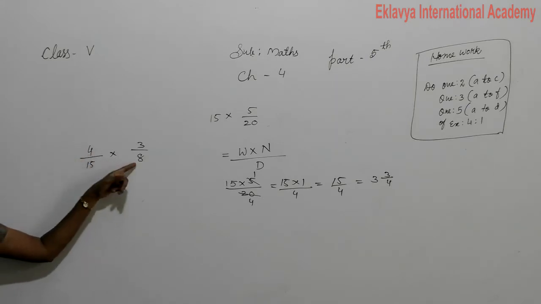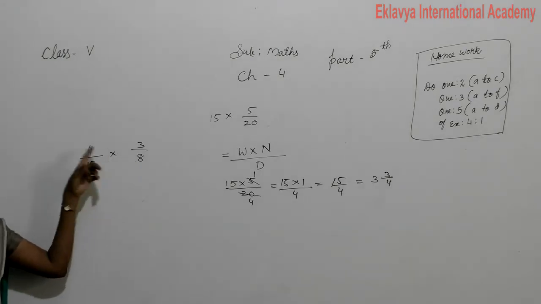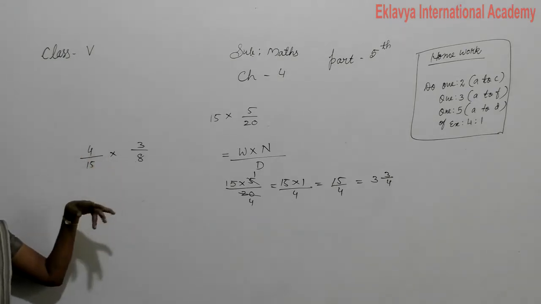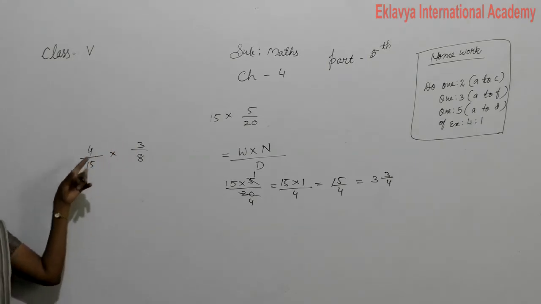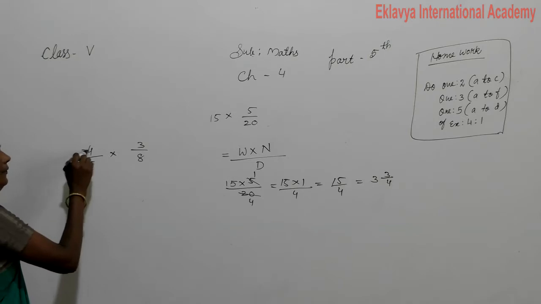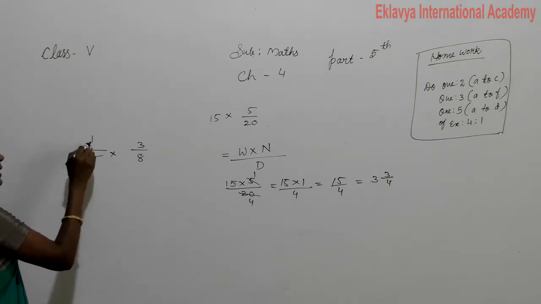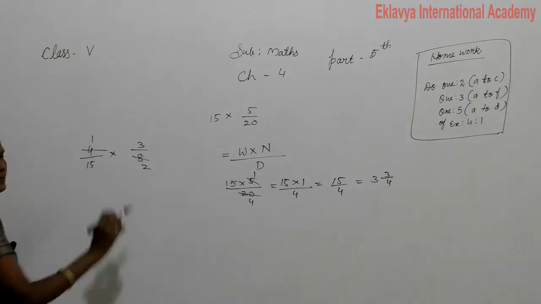4 and 8. What is the common factor of 4 and 8? 4 is the common factor of 4 and 8. Then 3 is the common factor of 3 and 15. Here we cut: how many times does 4 go in 4? 1 time, and in 8, 2 times.